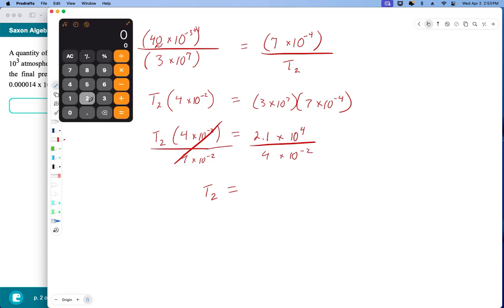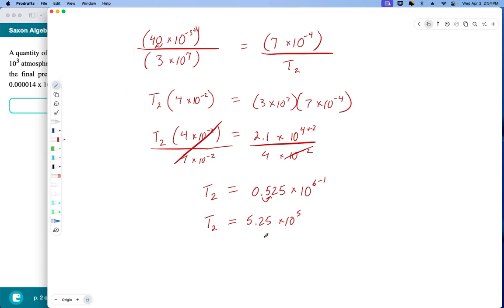So I'm going to do that. 2.1 divided by 4 is 0.525 times 10. We're going to bring this to the top, so plus 2. So that's 10 to the 6th. However, this is not proper format, so for the final temperature, we're going to move this back 1, so it'll be 5.25 times 10, and we moved it back 1, so back 1 to the 5th power.